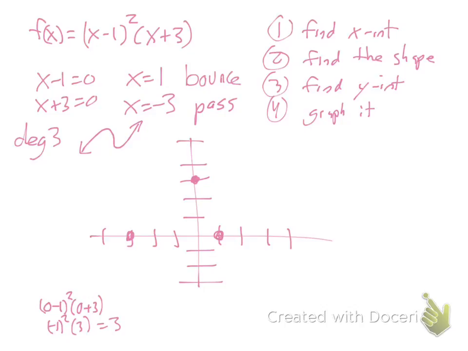Is it going to pass through that negative 3, hesitate, or bounce? It's going to pass through to go to the next one, and then once you go up, you're going to go down right away. And when I get to 1, I'm going to bounce. I knew it. And there's your end shape. That's what I'm going to ask you to do.